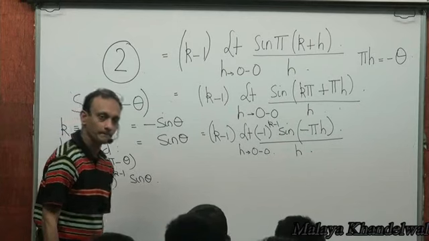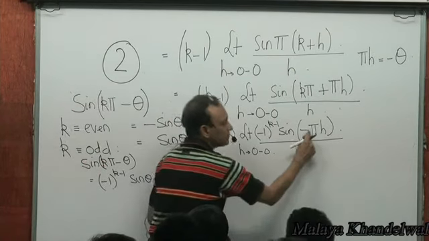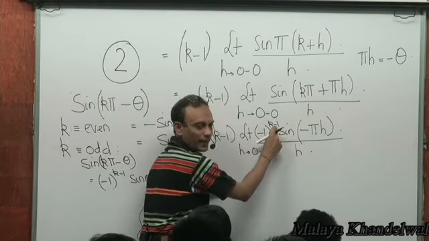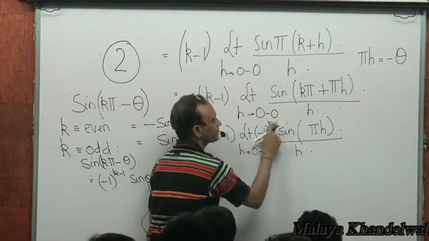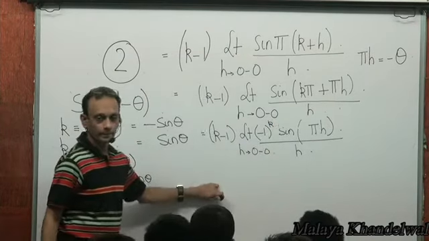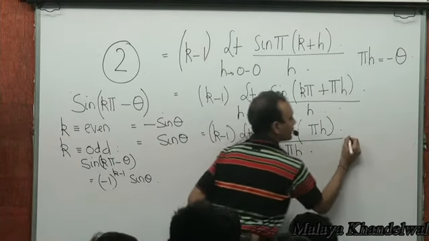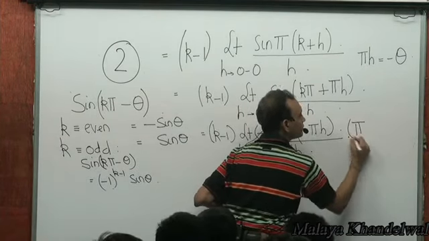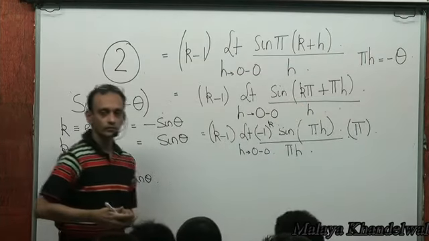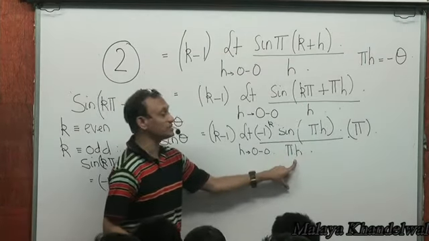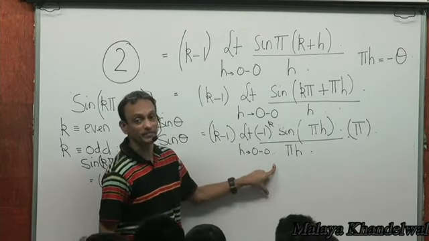Clear? Yes or no? This minus will come out and will make this minus 1 to power K. I multiply by a pi here and I adjust a pi there. Then I have sine theta by theta, as theta tends to 0, that's going to be 1.